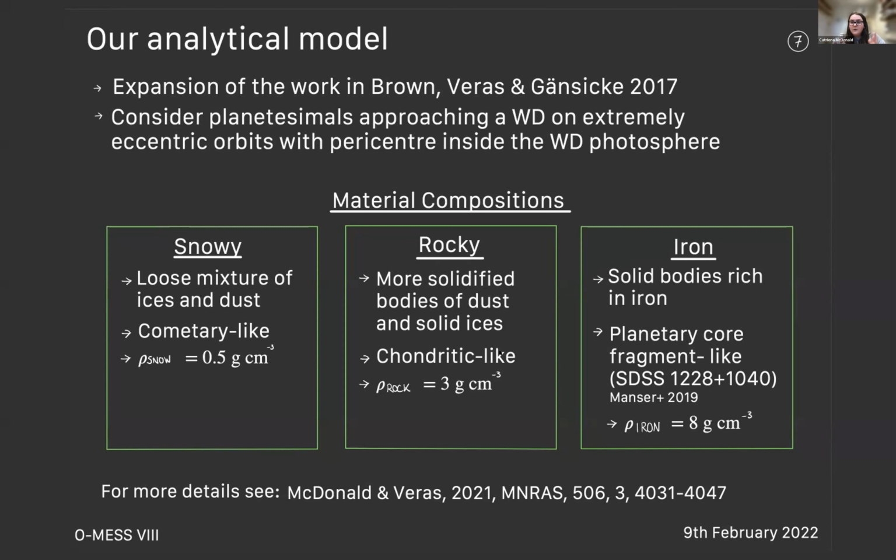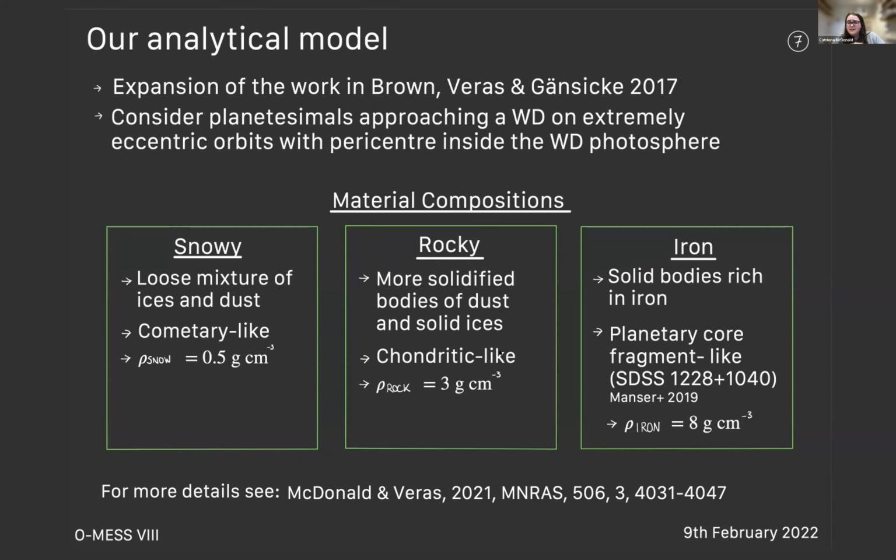So snowy, which is basically a cometary material, so very weak, with very low densities and very low internal strengths. Rocky, which is your more typical asteroid, so sort of chondritic-like, a mixture of more solid dusts and ices with a higher density, and also iron bodies, which are solid and quite rich in iron.